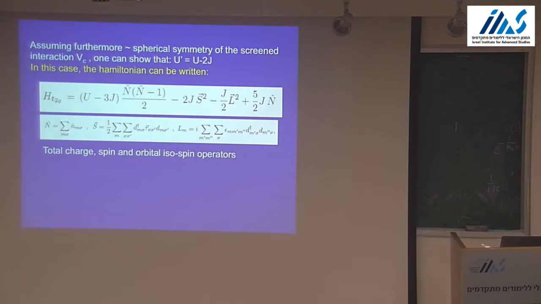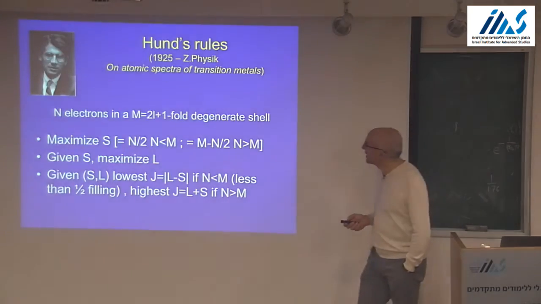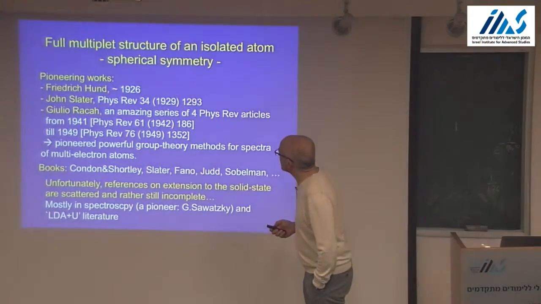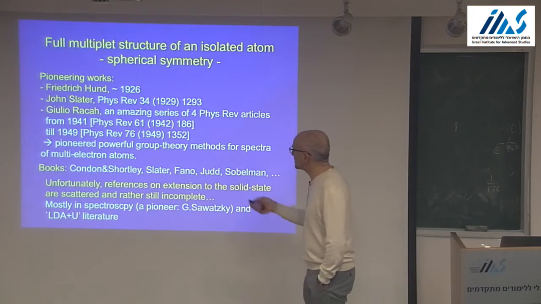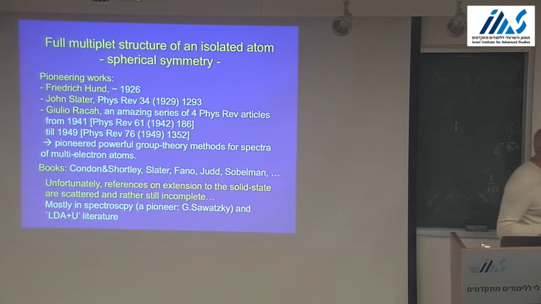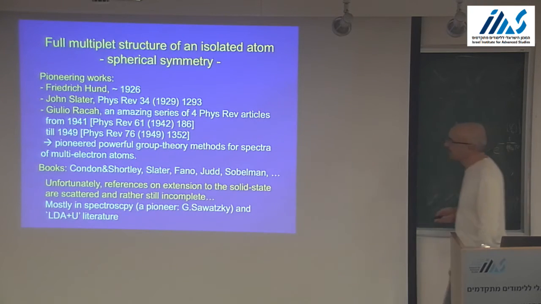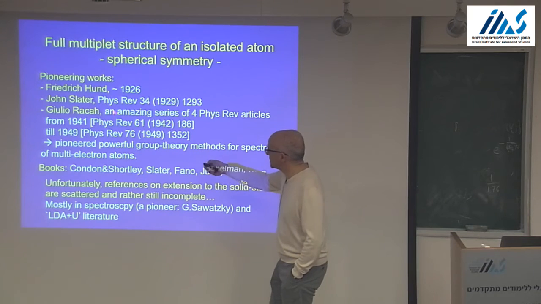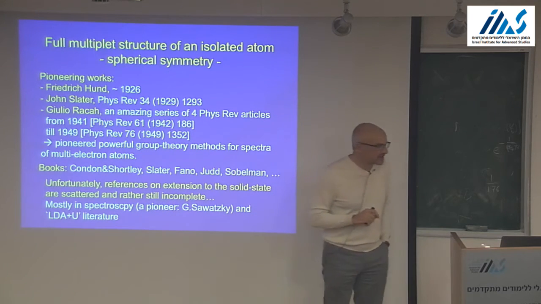Exactly. And the hero of this field, well, one of the heroes of this field, and I'll come back to this, is actually Mr. Giulio Racah. And I think it's very proper in this set of lectures to give tribute to Racah, who was one of the eminent founders of physics here at the Hebrew University of Jerusalem.